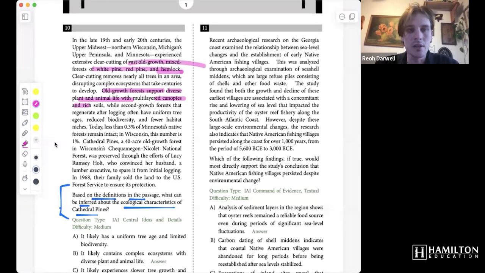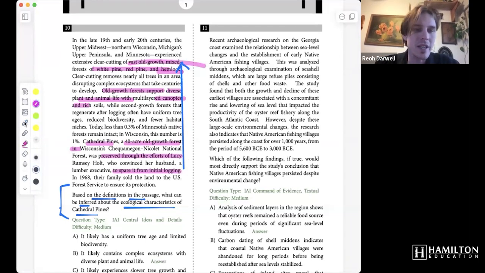However, in the 19th and 20th centuries, almost all of these old growth forests were cut, right? However, Cathedral Pines, a 40-acre old growth forest, was preserved and spared from initial logging. So seeing as it wasn't logged, we know that this meets the definition of old growth, right?